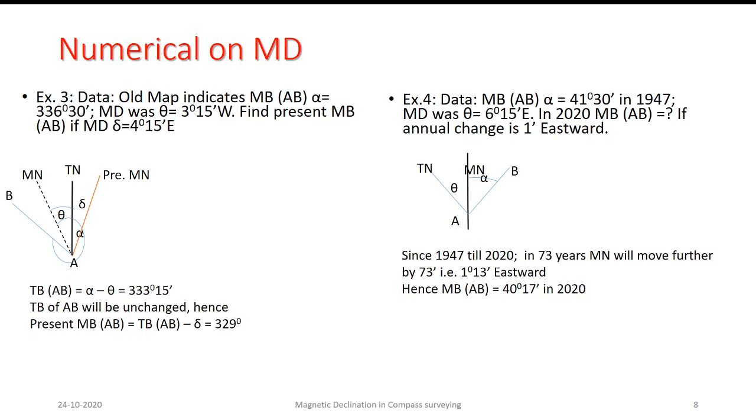Here, as we try to understand the concepts behind the declination, northward movement, and accordingly the determination of magnetic bearing or true bearing, I am always referring to the sketch that I have drawn.